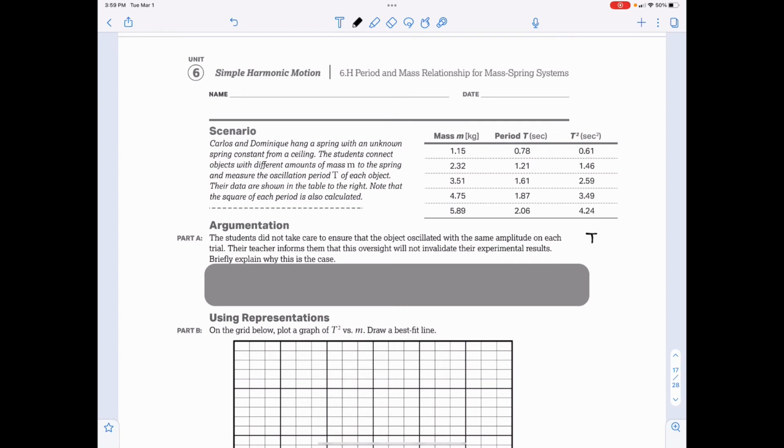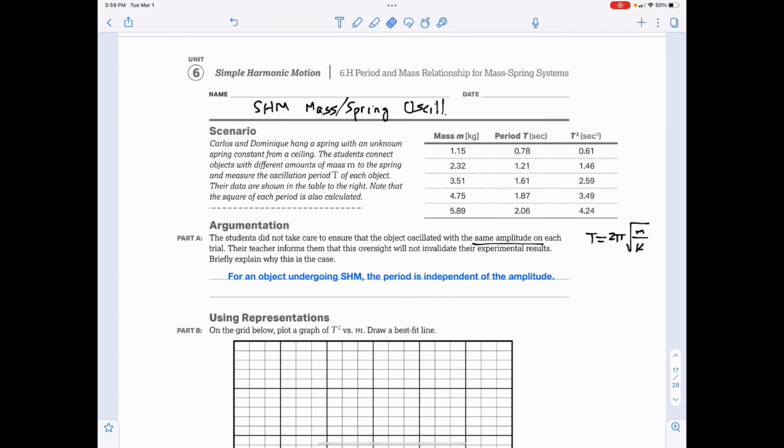Well, if you recall, this is a simple harmonic motion of a mass spring oscillator, and the equation that relates those concepts is 2 pi times the square root of m over k. So mass affects the period of a mass spring oscillator. The stiffness of the spring constant affects it, but amplitude has no effect on it. Period is independent of amplitude.